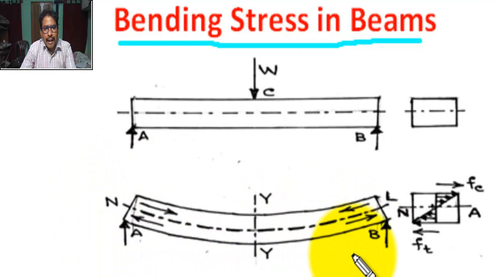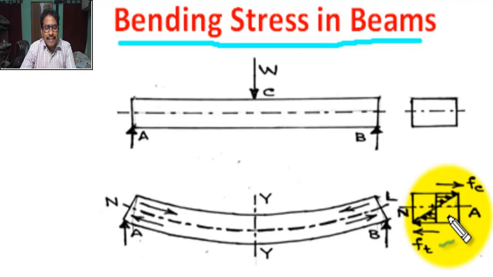This is the front view. This is the side view, the cross section of the beam. In side view, NA is the neutral axis.